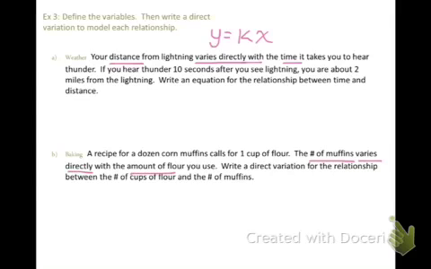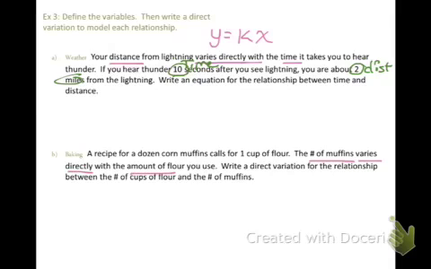So, distance. The distance is, let me read it. If you hear thunder, 10 seconds, so that's time. After you see lightning, you're about 2 miles. That's distance. From the lightning, write an equation.